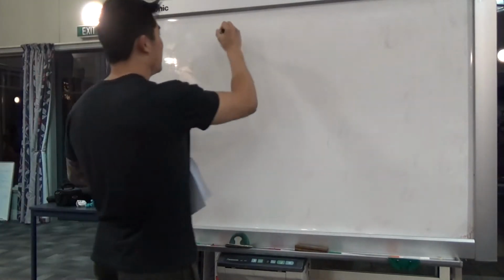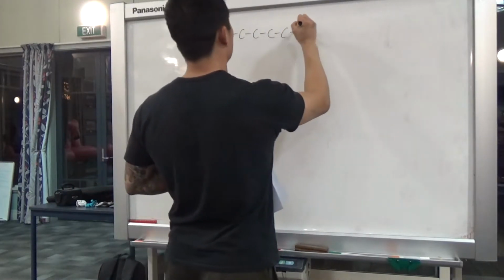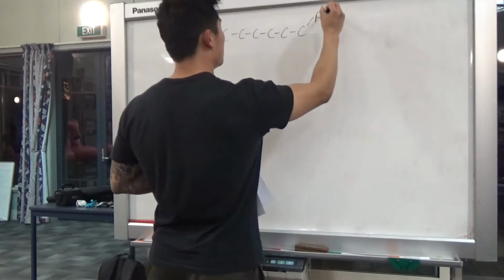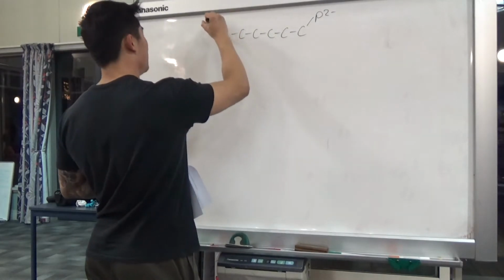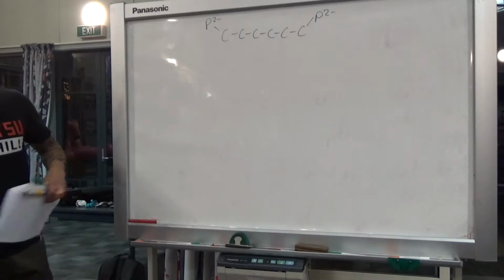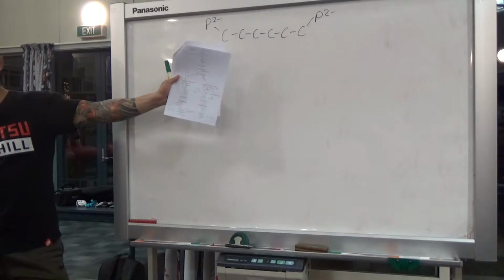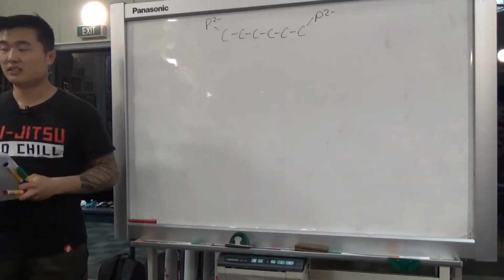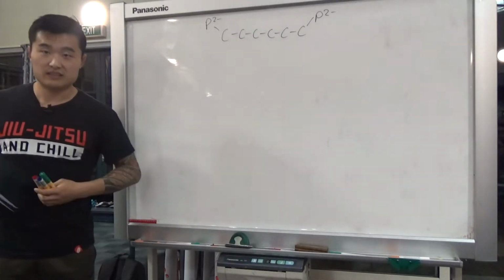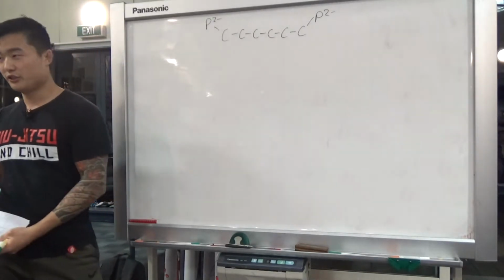So we've got our 6-carbon molecule, and we have our phosphate group here, which is negatively charged, and our phosphate group here, which is negatively charged. So this molecule here is very high in energy. So why do you think it's unstable? What you want to do is split this molecule into 2, right?